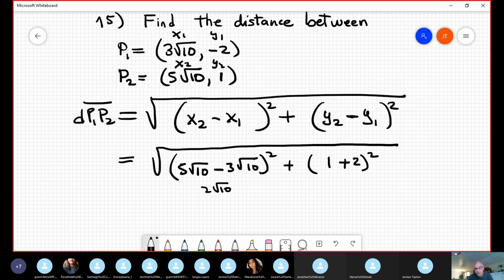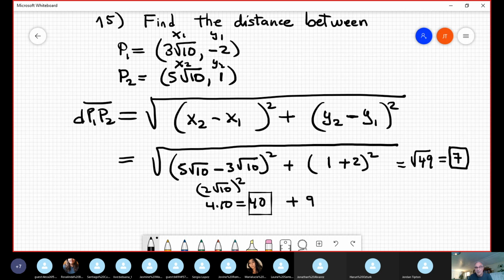You know how we combine expressions that contain radicals, no? When you square this, 2 squared is 4 and radical 10 squared is 10. It's 40. This part is just 40. 40 plus something, and 1 plus 2 is 3. 3 squared is 9. So it's 49, and the square root of 49 is 7. End of story. The answer is 7. The distance between these points is 7. Unbelievable, but it's true.